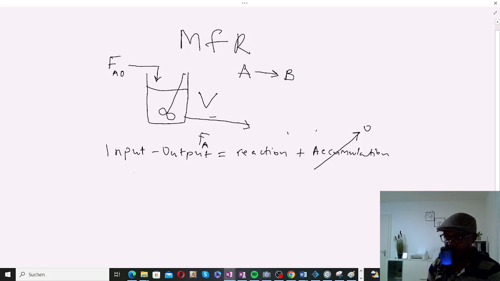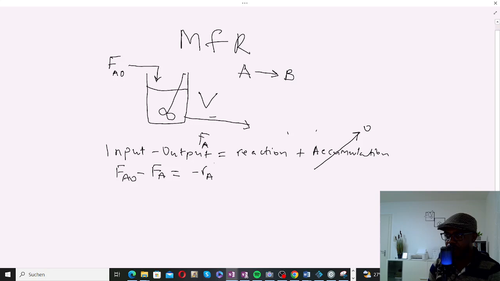So if we solve this further, FA0 minus FA is equal to the reaction. So the reaction term, because there's a consumption reaction taking place, we put a negative sign. That is, the amount of A that we have is reducing due to the reaction.